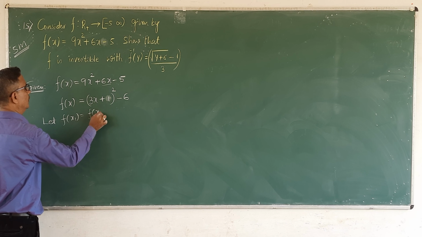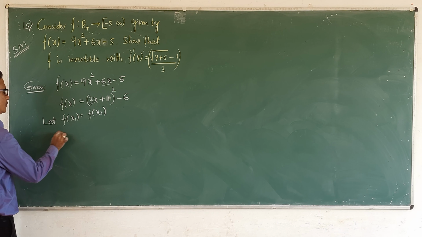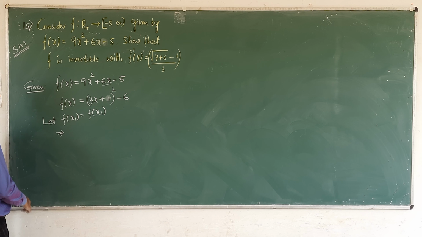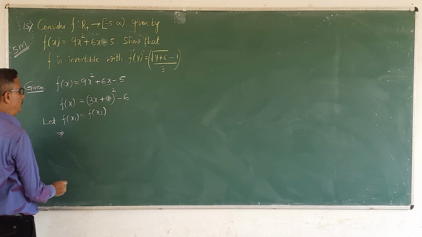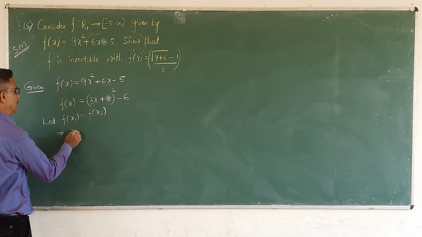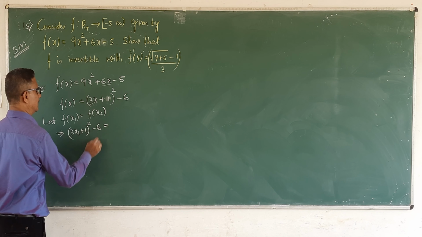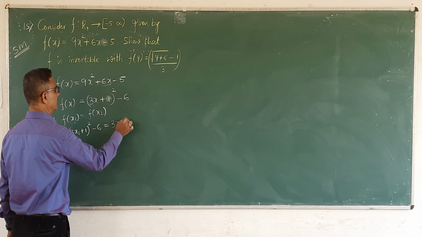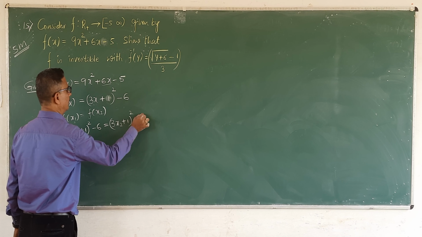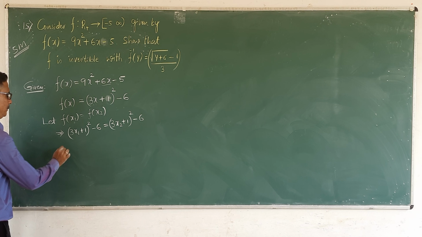f of x2. To prove that x1 is equal to x2, this implies f of x1, 3x plus 1 whole power 2, replace x by x1: 3x1 plus 1 whole power 2 minus 6 is equal to 3x2 plus 1 whole power 2 minus 6. Simplify.